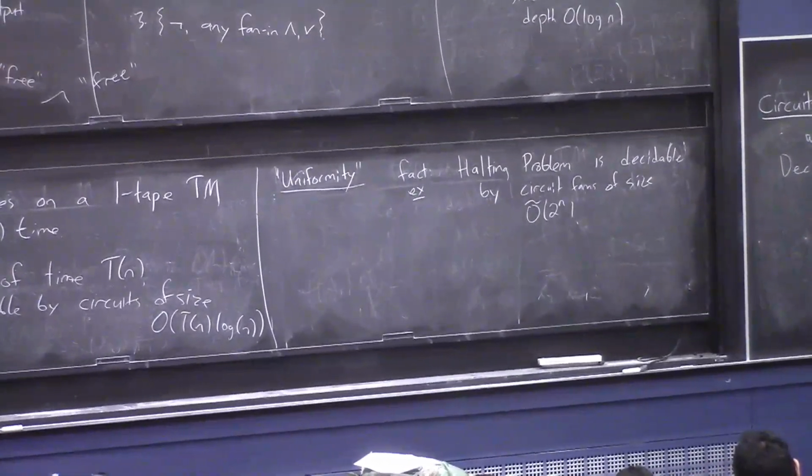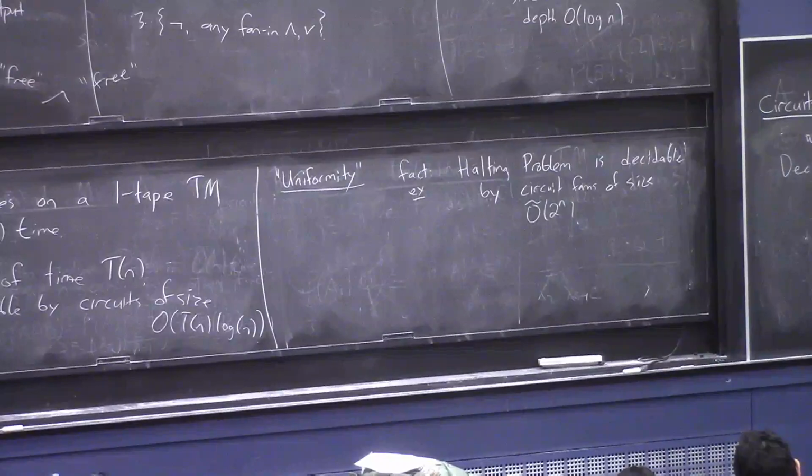And therefore, the halting problem when restricted to inputs of length 100 is just some function mapping 100 bits to 1 bit. So there exists a circuit with 100 inputs that decides the halting problem on 100-bit inputs, and of size 2^100 or so. And there exists one that solves it on length-101 inputs, and so forth and so on. So there exists a family of circuits that solves the halting problem.